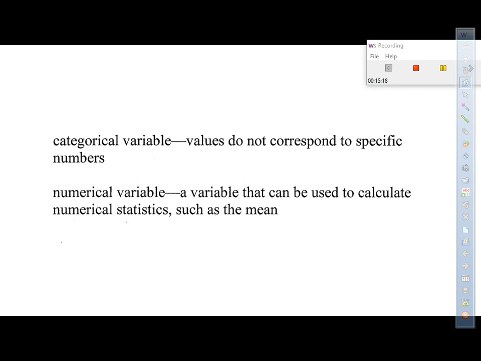We can just categorize them. Tall, medium, fast, slow, smart, not as smart. We can just categorize them. A numerical variable, we can tie a number to it. A variable that can be used to calculate numerical statistics, such as the mean, the median, the mode, anything like that.